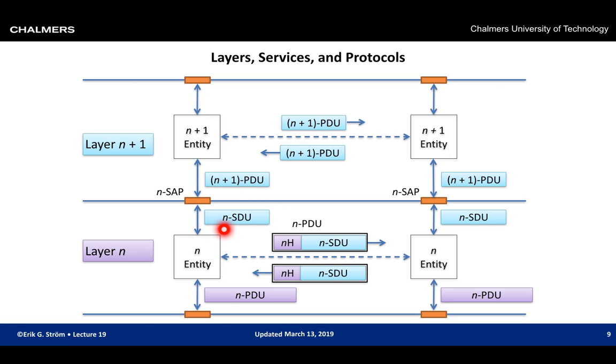And then we, in layer n, construct a protocol data unit, which consists of the service data unit and some headers. Okay, so this is what's going on in each of the protocol layers. And this is called encapsulation.